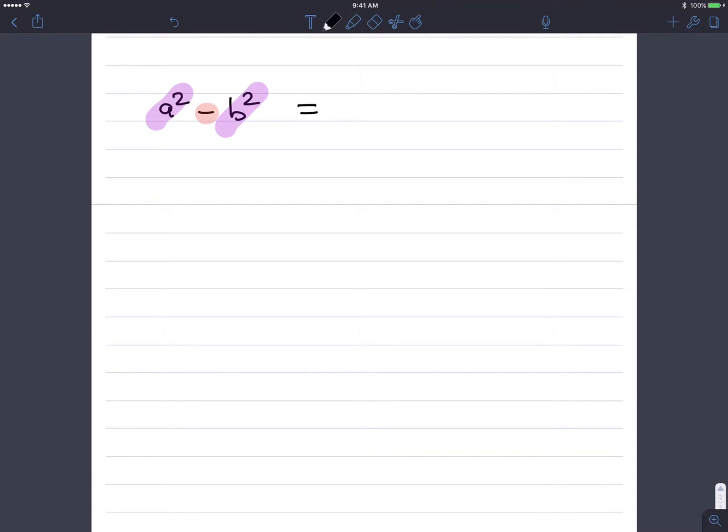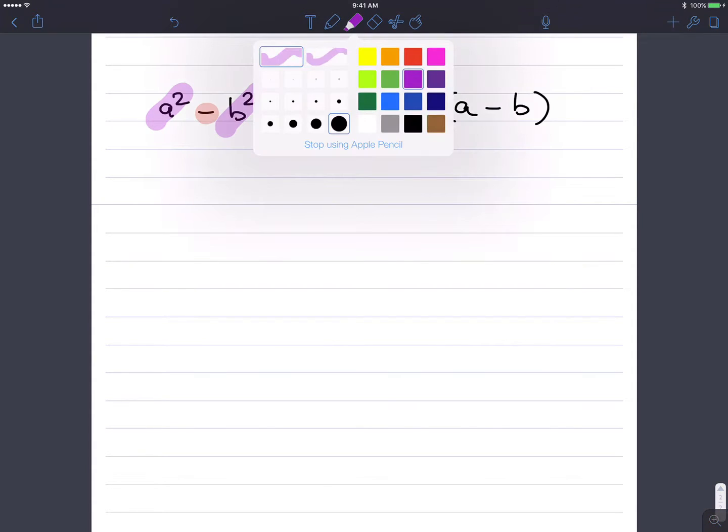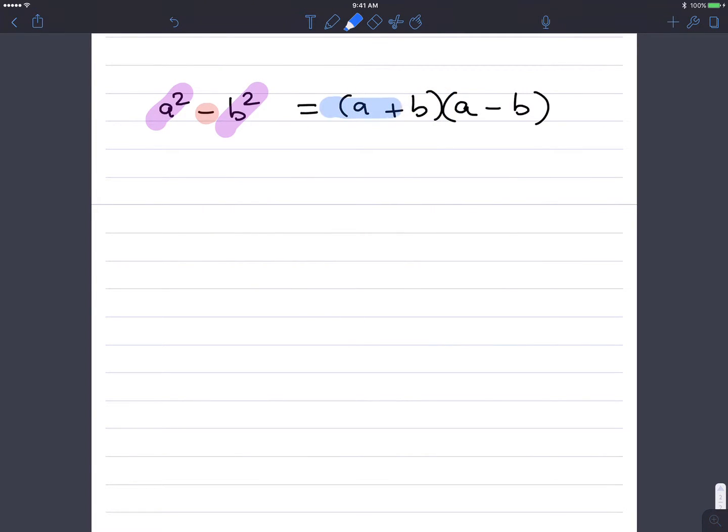Difference of perfect squares is a plus b times a minus b. So we're going to have to deduce some perfect squares. Okay, so anything that looks like this, that difference of perfect squares, can be factored as this particular product over here. We'll write this in blue.